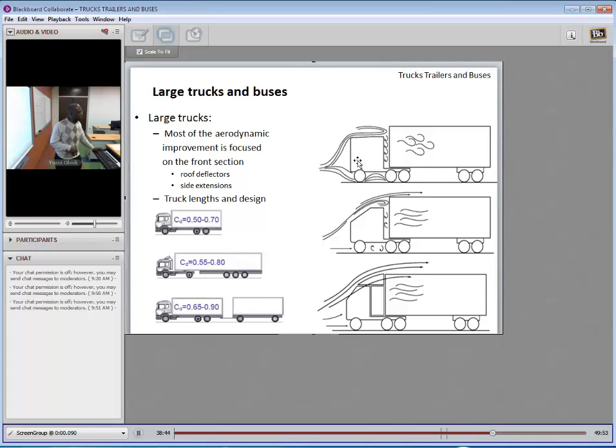This was a typical truck design a few decades ago. It's just a typical box, and over time there's an improvement. This is chamfered, and with that you can see what would have been the drag here is now reduced, due to this shape, this chamfer, the flow going over there. So that's an improved design.